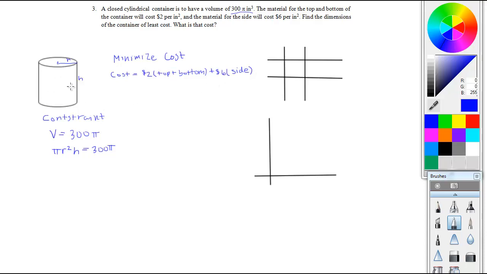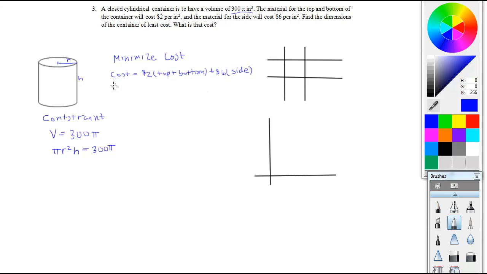That band around the sides of the rectangle, or the lateral area, of the cylinder, the lateral area of the cylinder is a rectangle. And so this little formula here is based off of the area of a rectangle. So we'll get to that in just a minute.